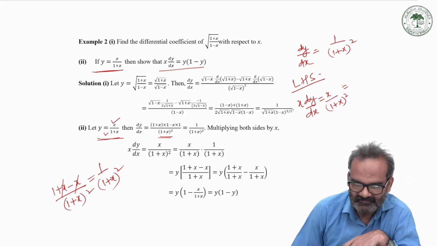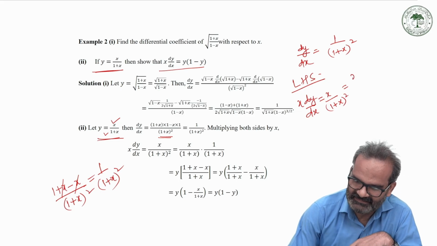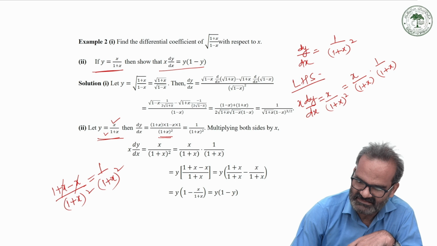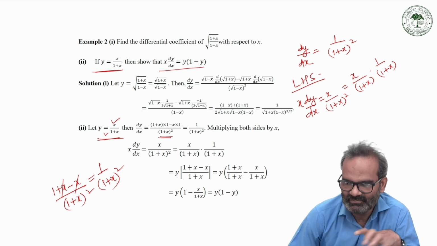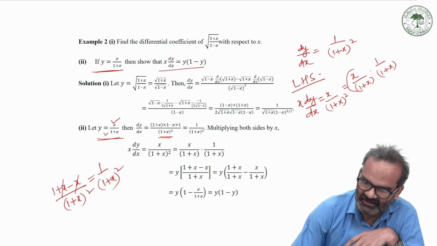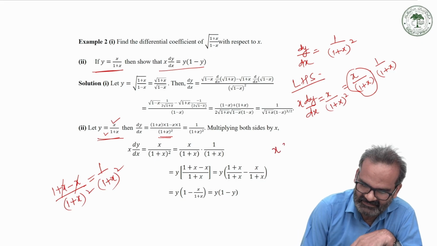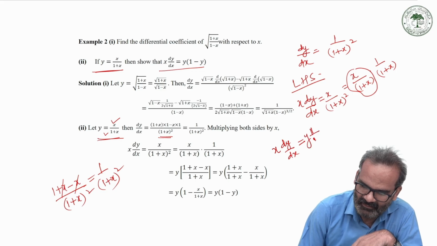So this can be written as x upon 1 plus x into 1 upon 1 plus x, because this is (1 plus x) power 2. This value x upon 1 plus x is given as y. So what we are getting, x dy over dx is equal to y into 1 upon 1 plus x.